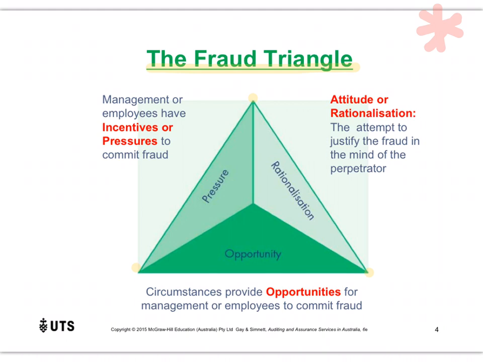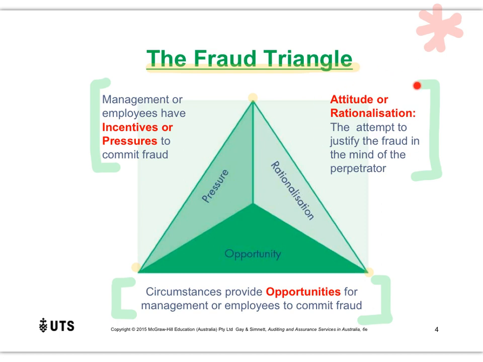Now, the first one is, in order for there to be fraud, there needs to be some form of incentive or pressure for the person to have committed the fraud. The second thing is there must be, at some point, an opportunity for that fraud to be committed. And thirdly, there was some form of attitude or justification for why the person committed the fraud in the first place.